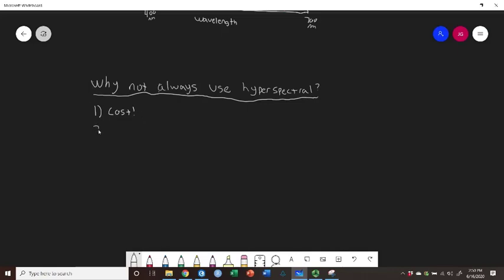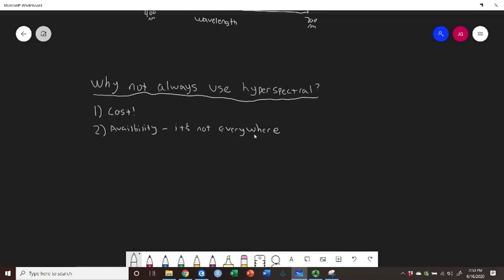Which brings me to the next point, which is availability. It's not everywhere. In current remote sensing capabilities, we have satellites that image every part of the globe almost daily. The problem is 90% of those sensors, actually all of those sensors now, would tend to be narrowband multispectral.